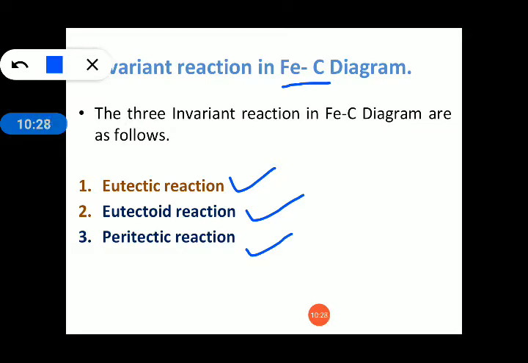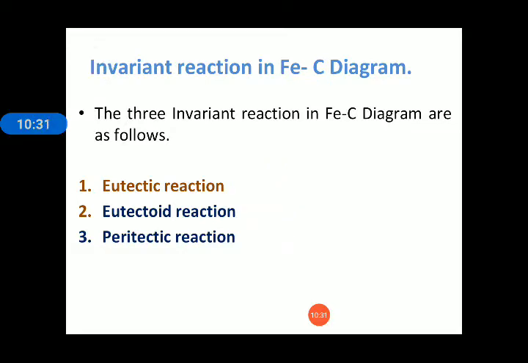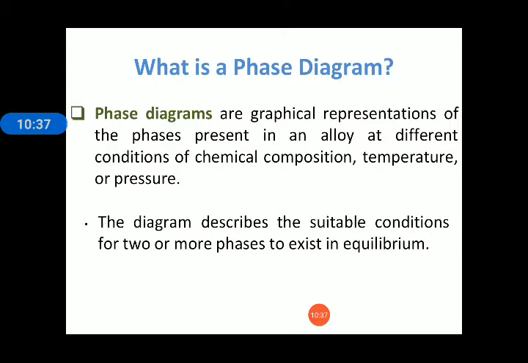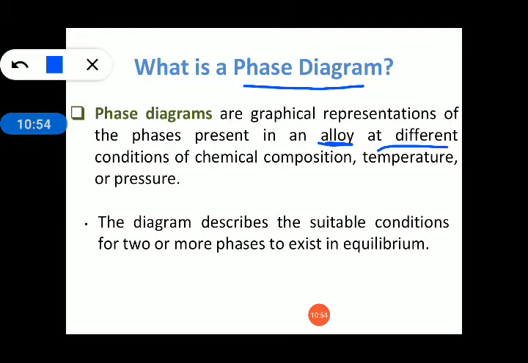In the iron carbon diagram there are three isotherms in which the three invariant reactions occur: the eutectic reaction, the eutectoid reaction and the peritectic reaction. Before starting this diagram, we need some knowledge about what a phase diagram is. A phase diagram is a graphical representation of the phases present in an alloy at different conditions of chemical composition, temperature or pressure.